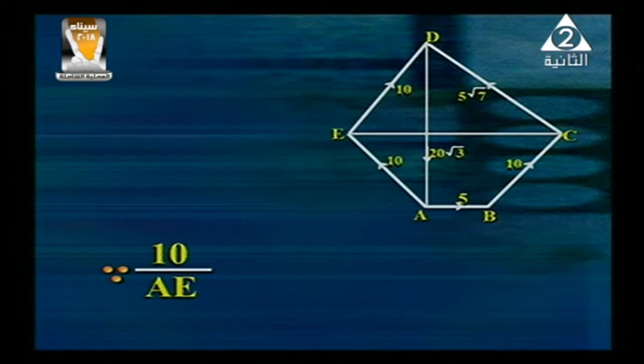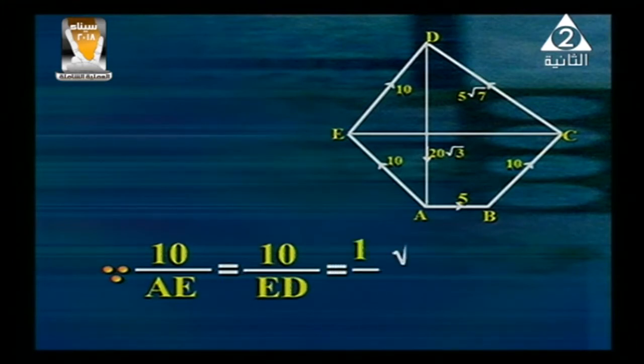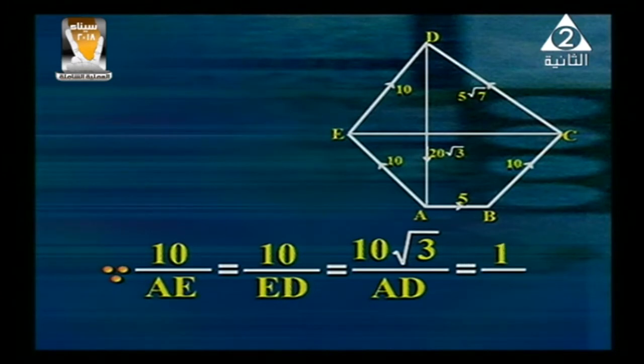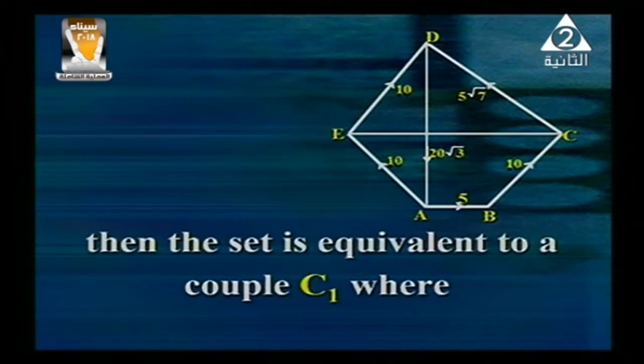10 over AE, also 10 over ED equals 10 root 3 over AD, equals what? Equals 1 over 2. The ratio K equals 1 over 2.